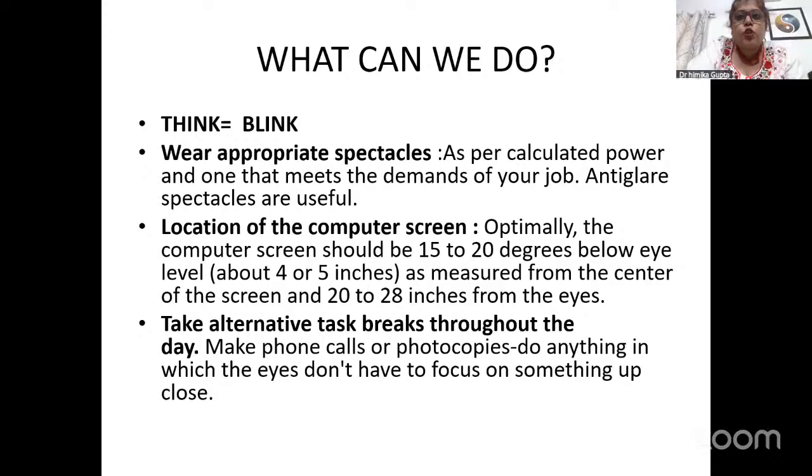So something which is over interesting or engrossing, we'll end up staring and we forget to blink. The normal blink rate is around 13 to 14 times a minute, equivalent to our respiratory rate. But when we are engrossed in the screen, we might forget to blink. So consciously encourage yourself and your patients or the kids around you to think and blink, wear appropriate spectacles.